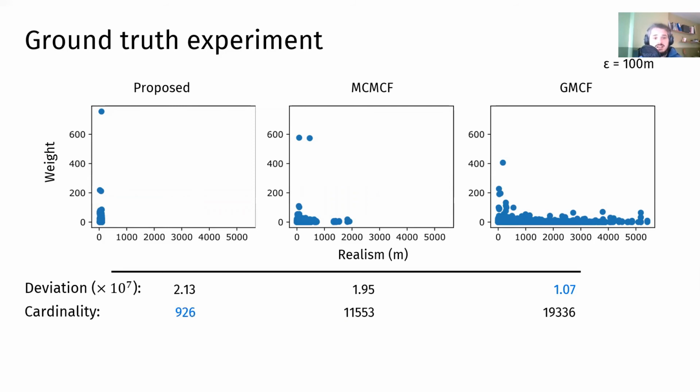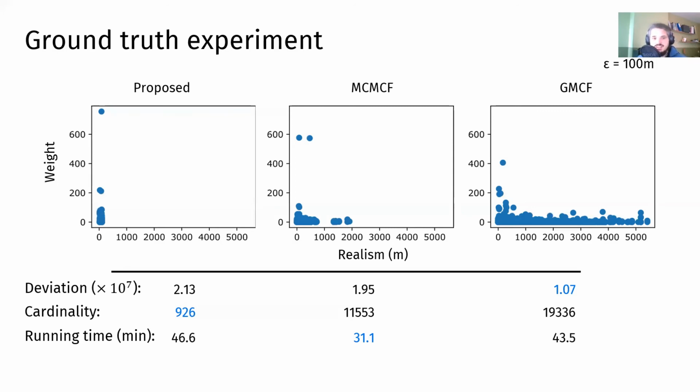Looking at cardinality, however, our approach has a low amount of routes, which makes it easier to handle in any next steps in case you want to use these routes for some further analysis. And the running time is somewhat similar, although the multi-commodity min cost flow approach is fastest in this particular case.